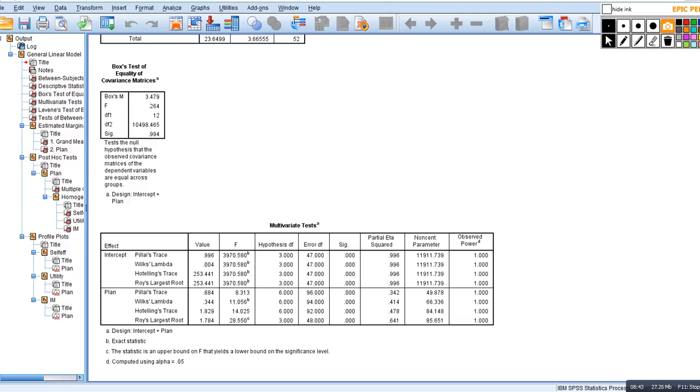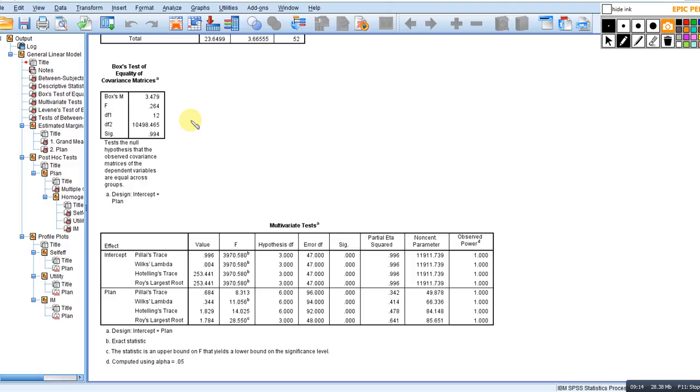The other thing to note is we have the assumption of homogeneity of variance covariance matrices. Basically, a variance covariance matrix has variances in the primary diagonal of the matrix and covariances on the off diagonal. And so what we're basically testing with Box's test is whether the elements in the variance covariance matrices across our three groups are equal or reasonably so.